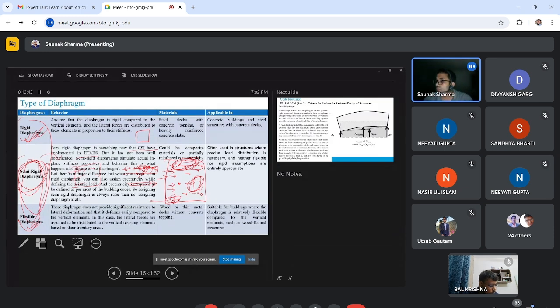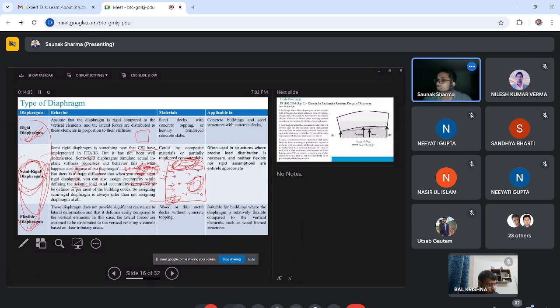If we apply a rigid diaphragm, it will act as a rigid diaphragm. If we do not apply a diaphragm, it will act as a flexible diaphragm. But if we apply a semi-rigid diaphragm, this accidental eccentricity will be captured in the analysis.